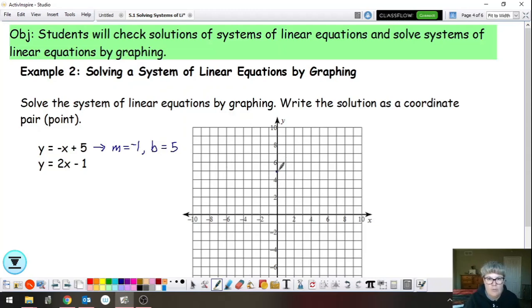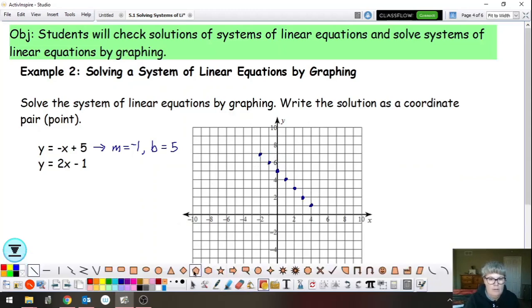So plot a point at 5, that's down 1, right 1. Or we could be going up 1, left 1. Graph a line through. I'm going to change the color so it matches the points.